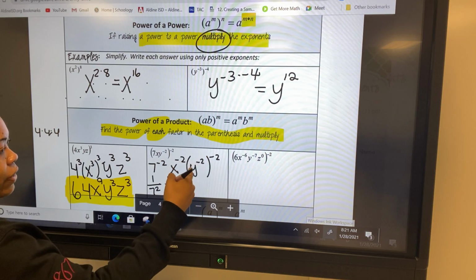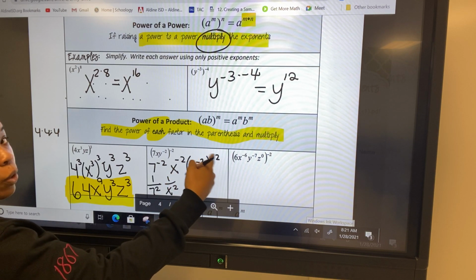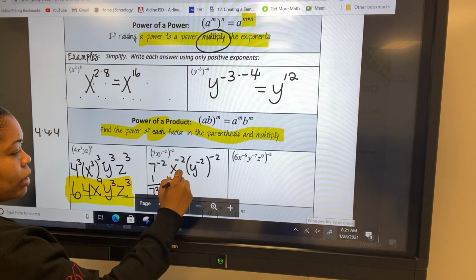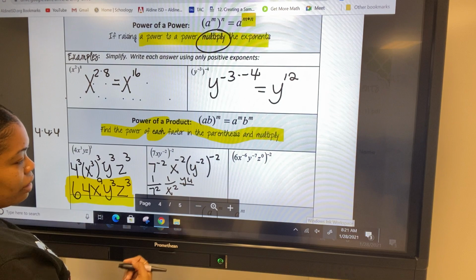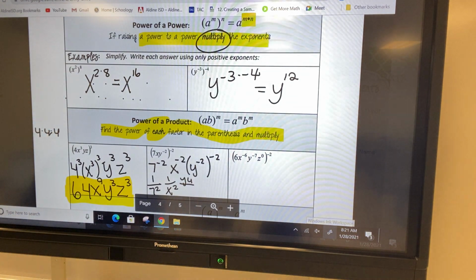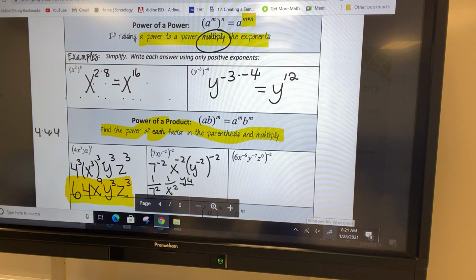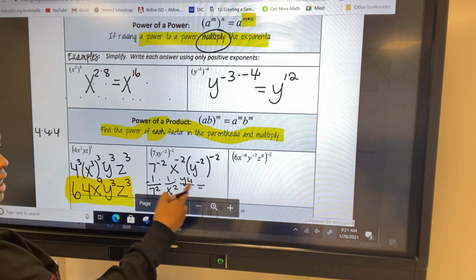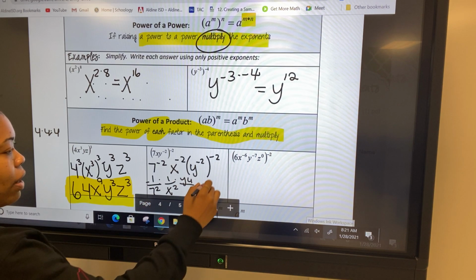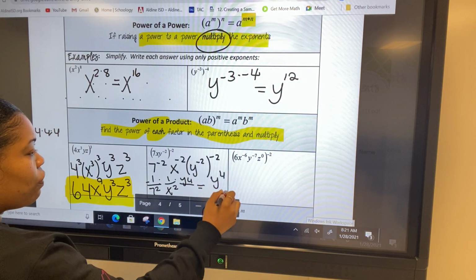But then what happens here is the two negatives are going to turn into a positive when I multiply, so that's going to be y⁺⁴. And then there's nothing on the denominator there. And so now what I can do is I can simplify by multiplying this all together. So anything times 1 is going to stay the same. So on the numerator, we're just going to have y⁴.